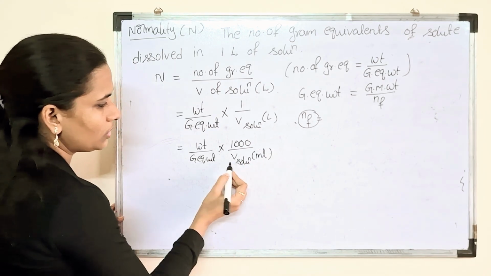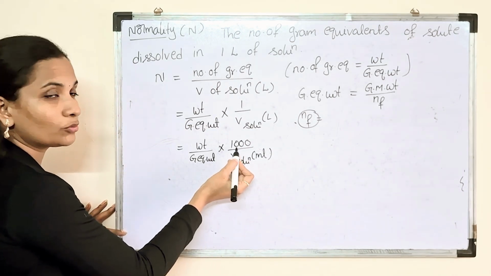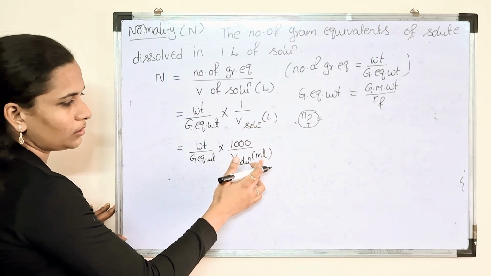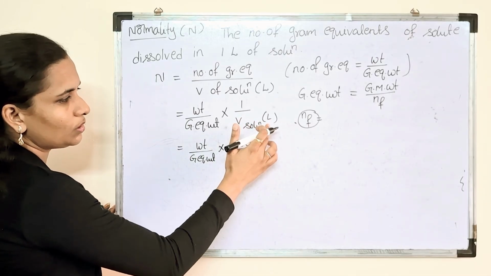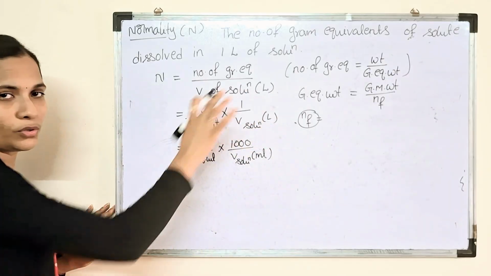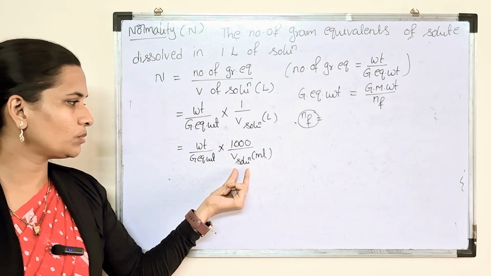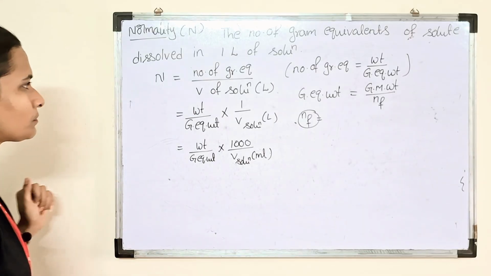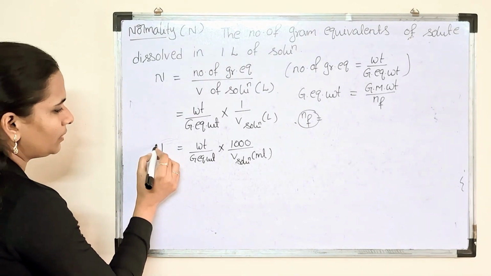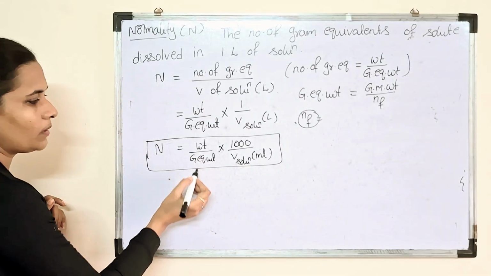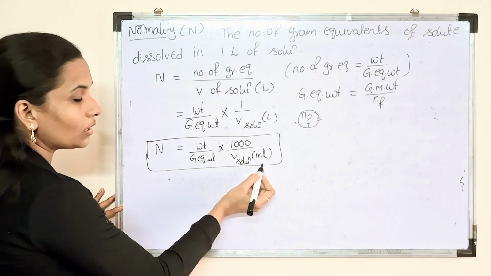Why? Because the formula is in liters, and 1 liter equals 1000 milliliters, so we converted it. So the normality formula is: normality equals weight by gram equivalent weight into 1000 by volume of solution in milliliters.